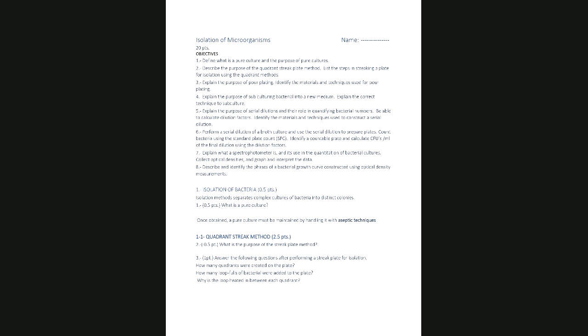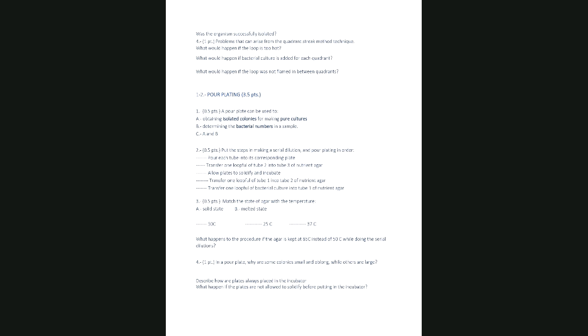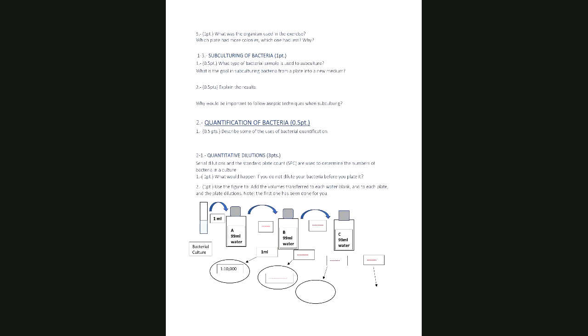Let's see. So there's this exercise right here in which essentially they're giving you a tenfold serial dilution. I notice that the volumes are a little bit different from what we work with, but the math should be the same. You should end up with workable numbers.